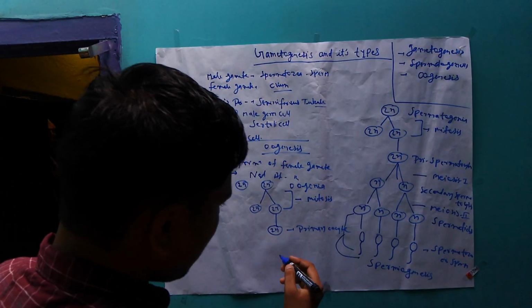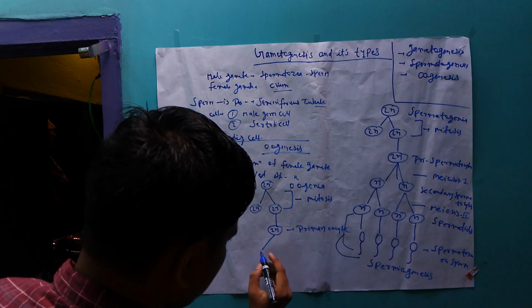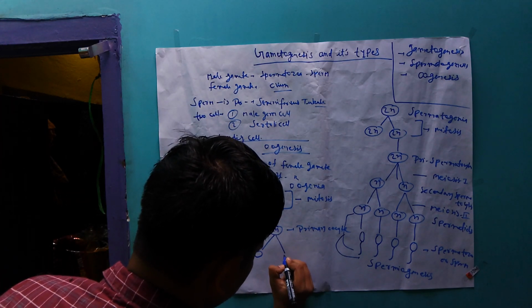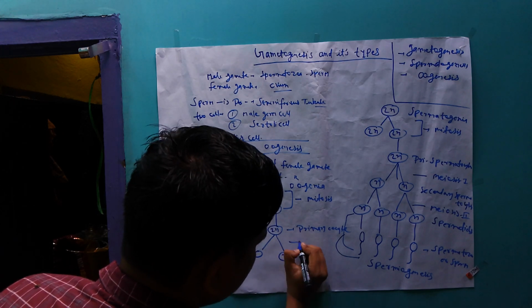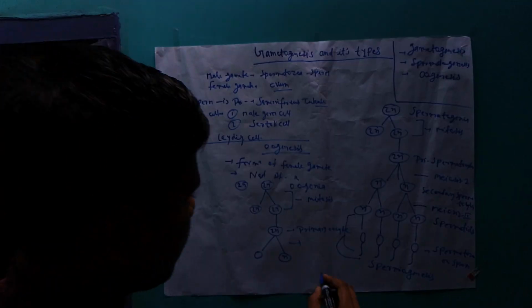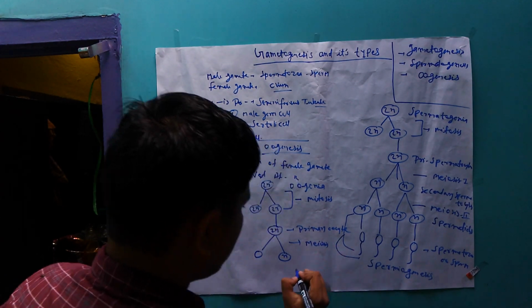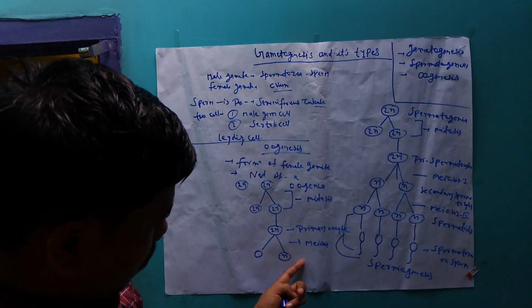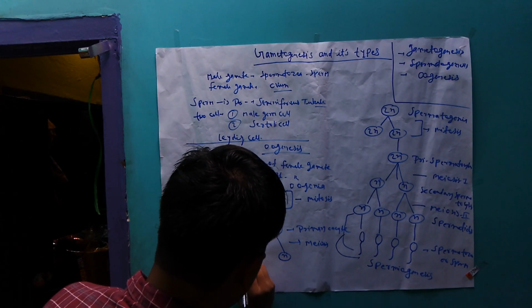These primary oocytes also undergo division. Here meiosis first occurs, and now this is a small polar body.